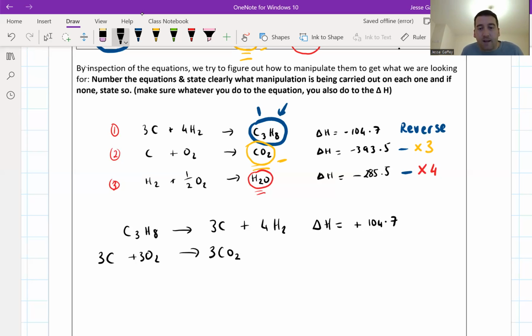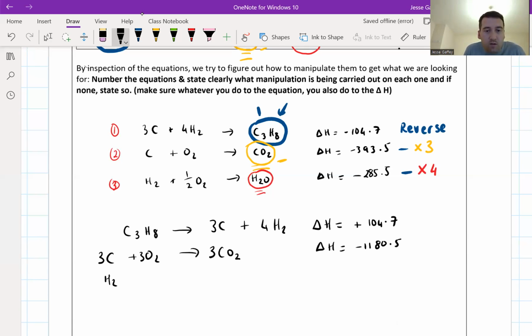Okay, and that gives me a delta H equal to, well, what I want to know is minus 393.5 times by 3. So minus 1180.5. Okay, and then last of all, this one here, leave it the way it is.